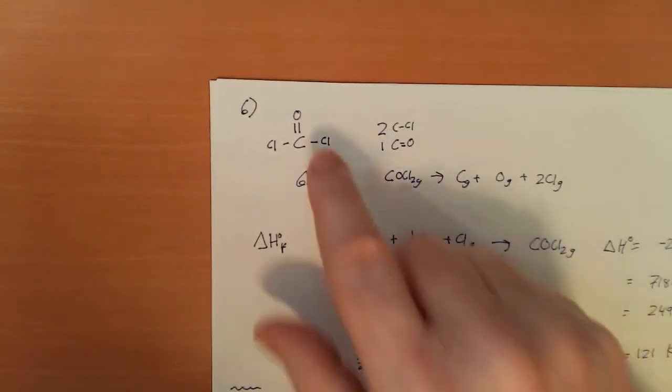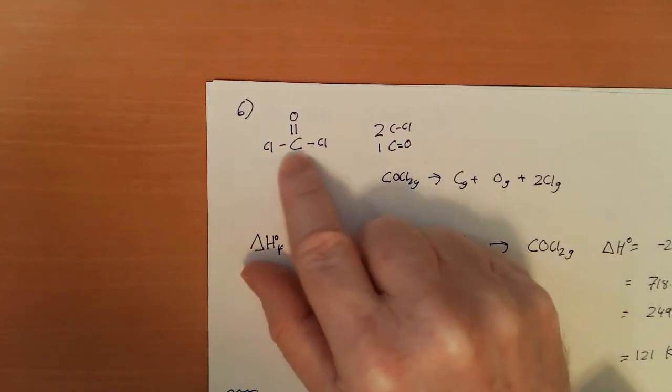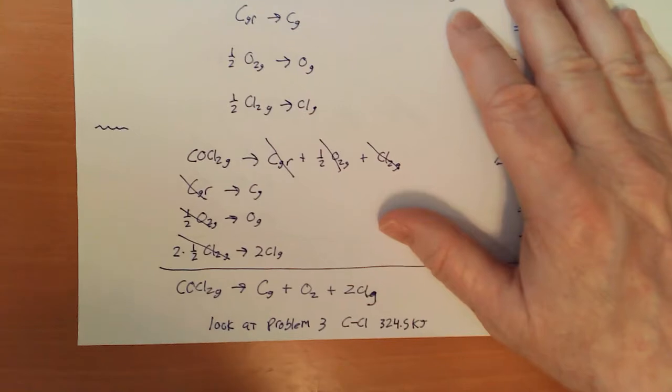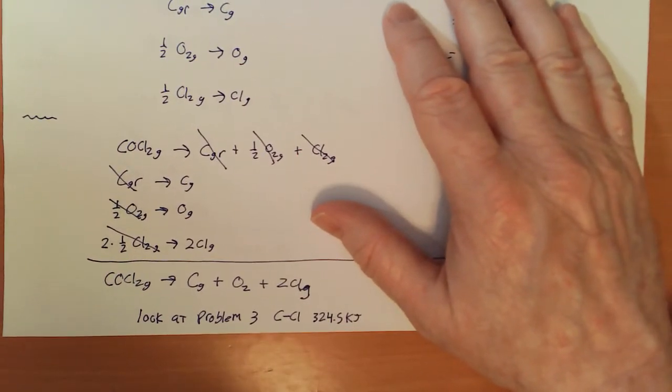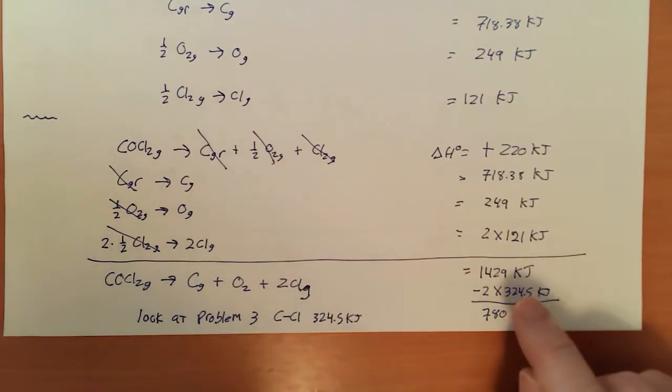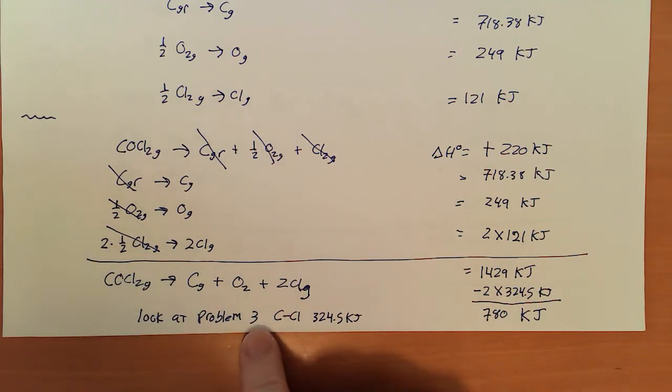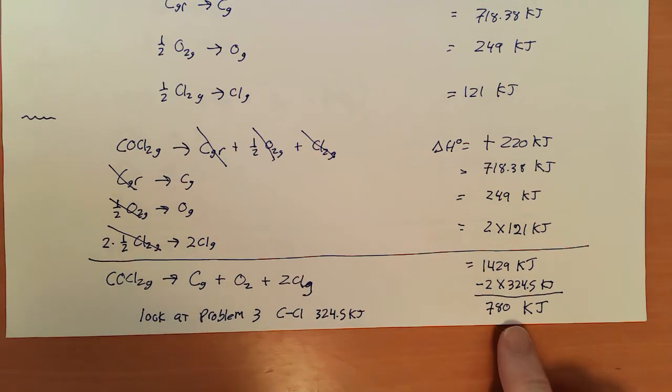When I've got the structure, I've got 2 carbon to chlorine bonds and the carbon to oxygen bond. So when I get down here, I subtract the value for the 2 carbon to chlorine bonds that I got as my answer in problem number 3. That's where that came from. And I got 780 this time.